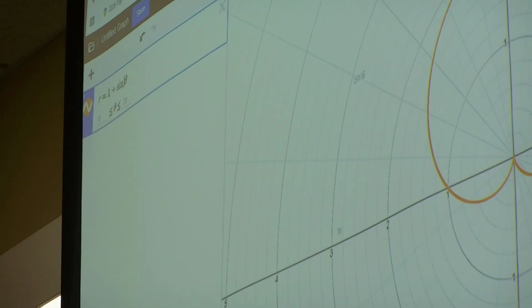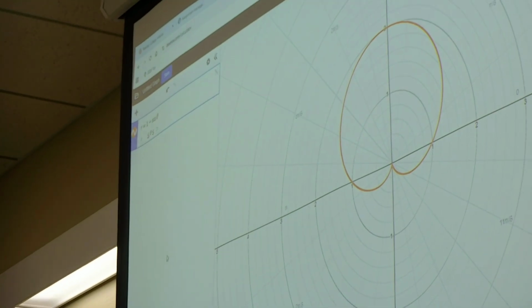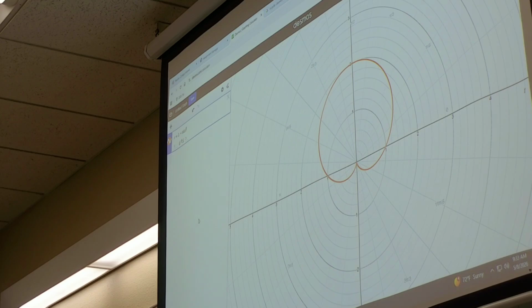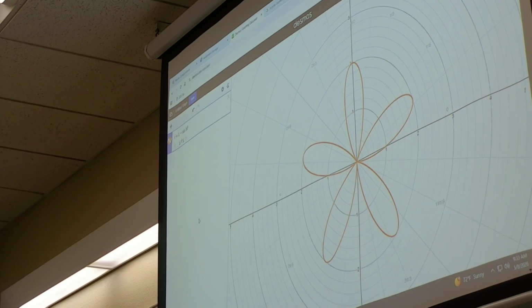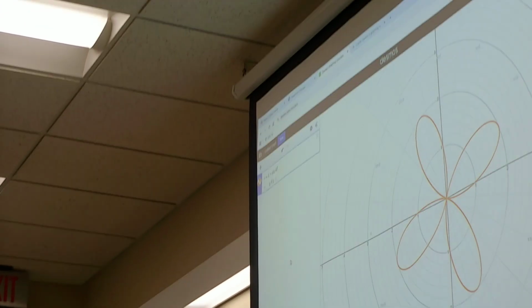We're going to learn, I don't know how far we're going to get, how to manipulate these, just like you manipulate parabolas, make them open wider and all that stuff. Watch this, if I put a 5 in there, look at that. I get 5 petals of a flower, but if I put in 4, oh, 4 petals.